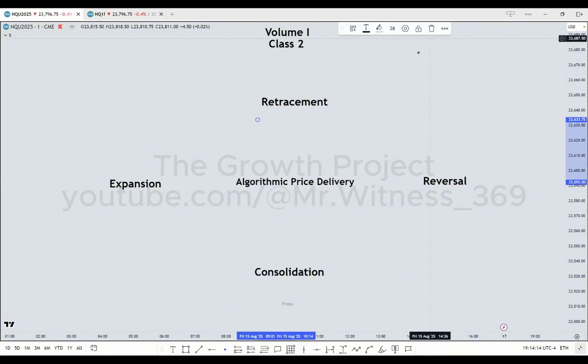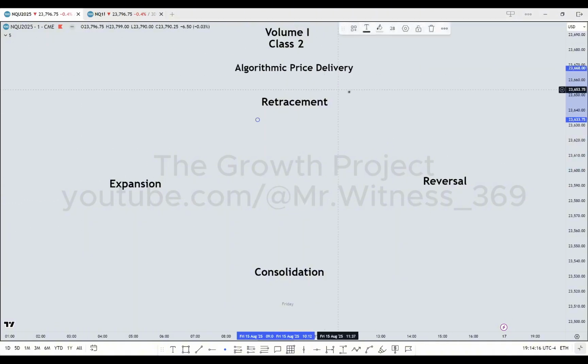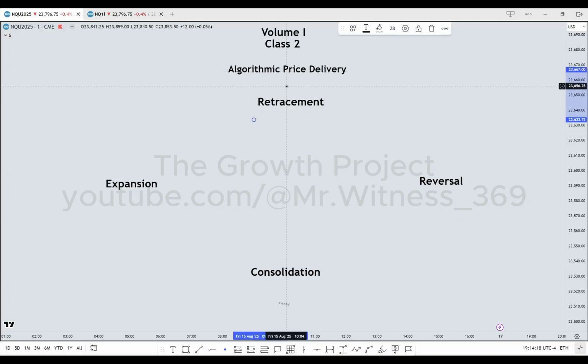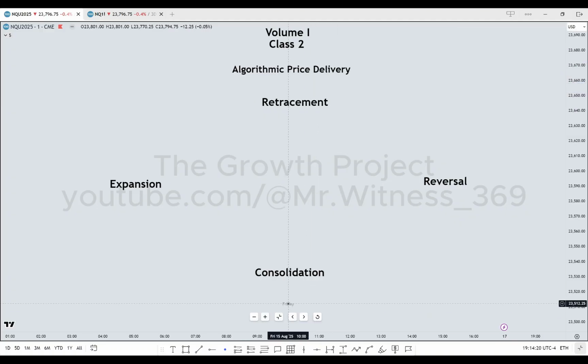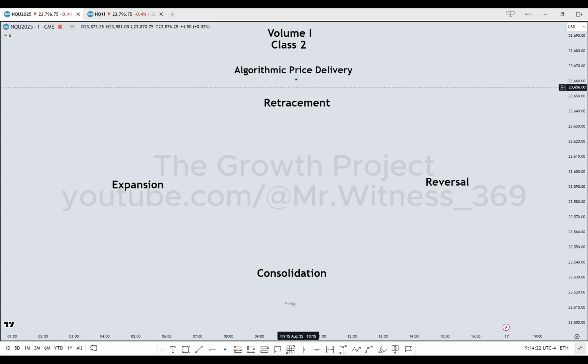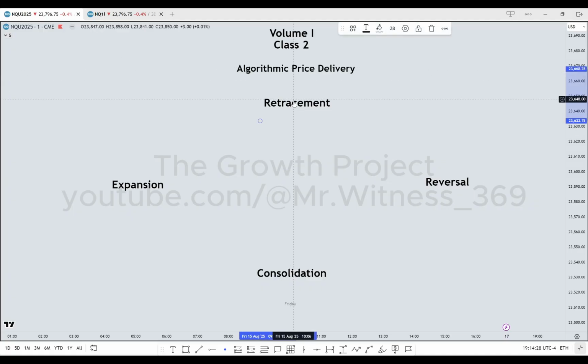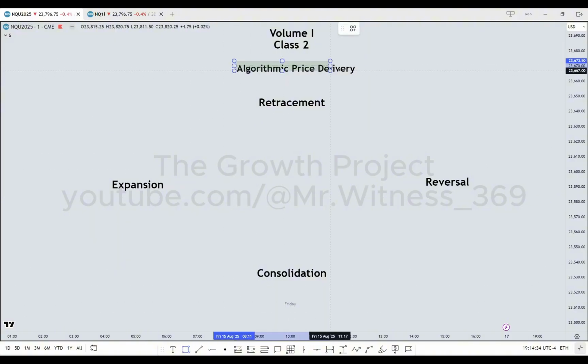So normally, the way that I would expect the market to deliver every single day is going to be in the following pattern. I don't know why I cannot put Friday in the middle without making this look crooked. Is it crooked? It's so annoying.